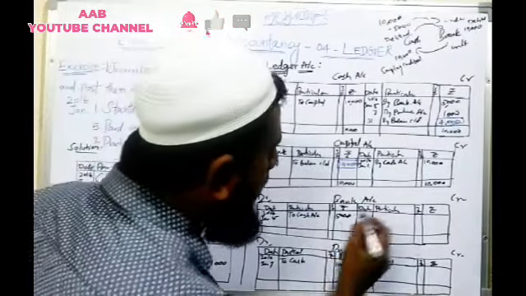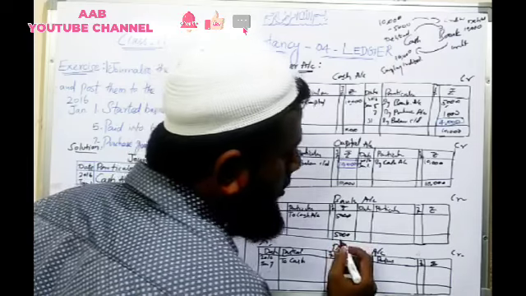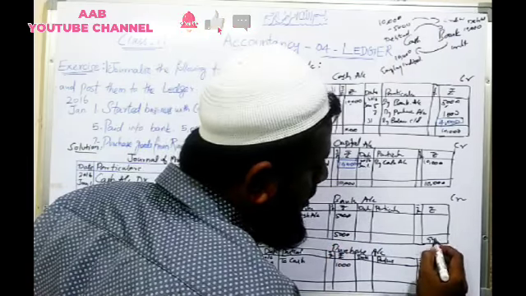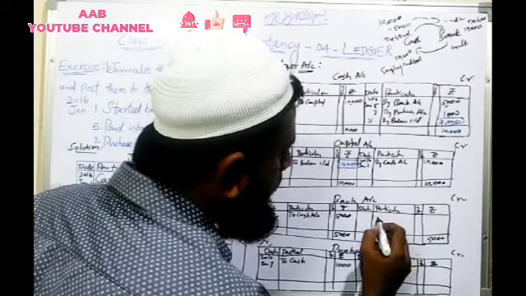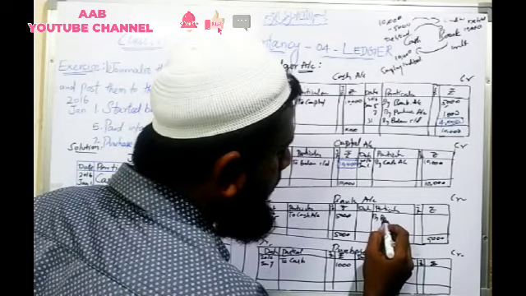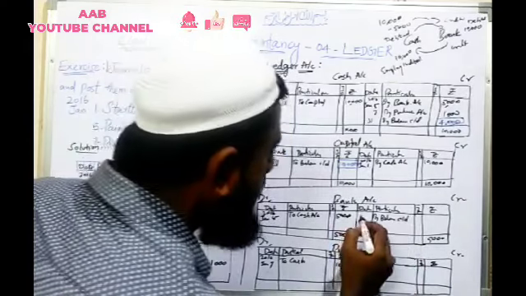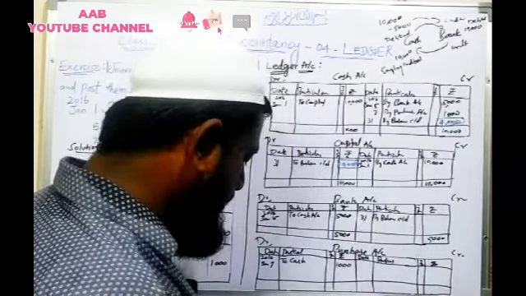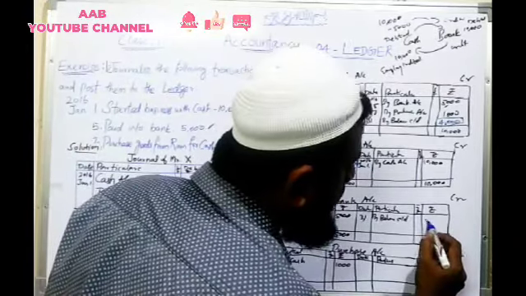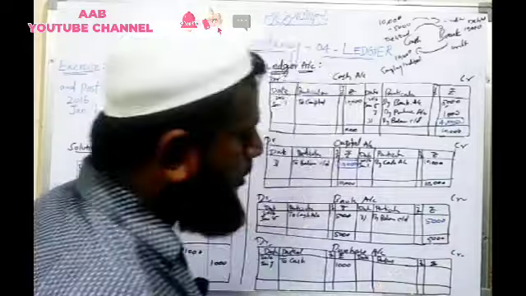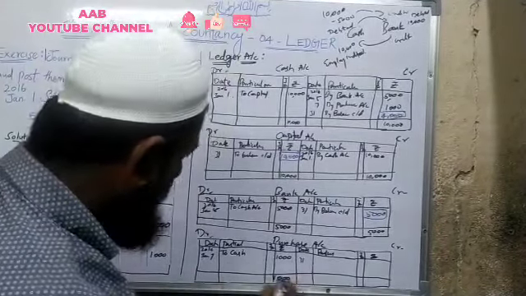The next is the bank account. Also only one entry is recorded here. So the same 5,000 amount is written on the credit side. So by balance carried down, how much? The same, 31st January, 5,000 rupees. Then next the purchase account.